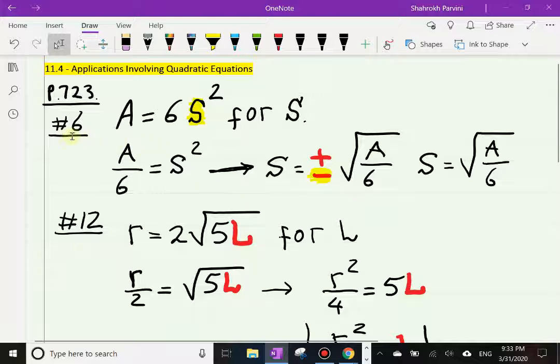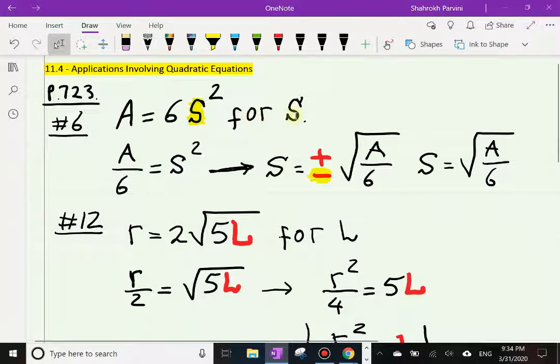In exercise number 6, initially this was the formula A equals 6 times s squared. Notice I've highlighted the variable s, the variable that the book says we want to solve for.